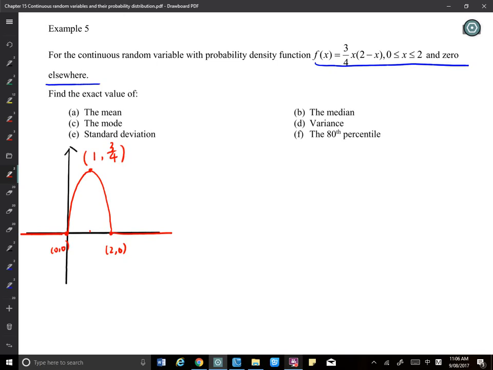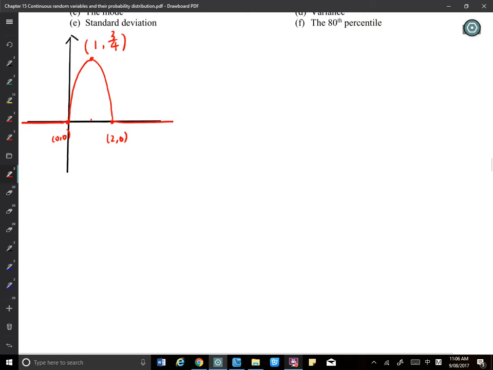How many of you forget the y equals 0? No? Good. You need to sketch y equals 0. The two red lines there, you must sketch them.